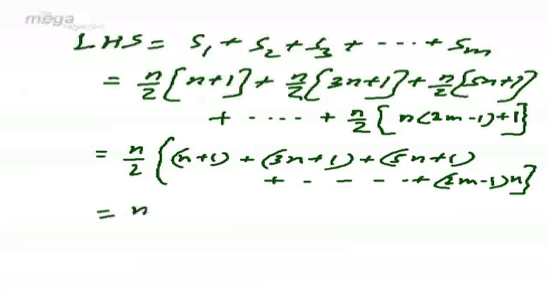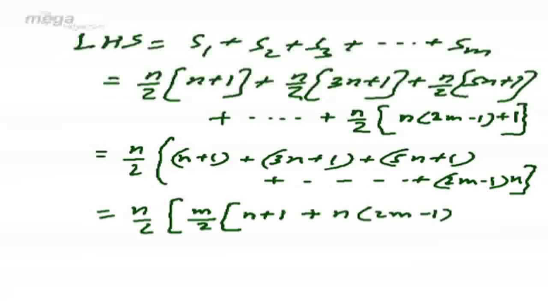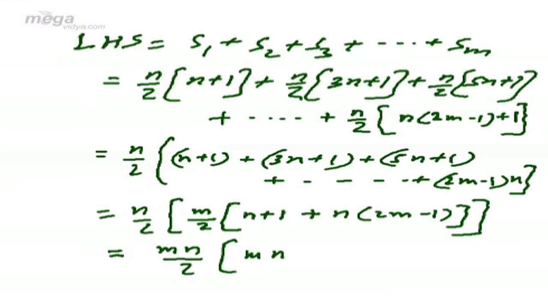Therefore, n by 2 times the sum, where the number of terms in this series is m. Because of this, I write the formula for the sum of n terms of an AP: m by 2 times (first term plus last term). Here n plus 1 is the first term and the last term is n times (2m minus 1) plus 1. By solving this, we get mn by 2 into (mn plus 1).